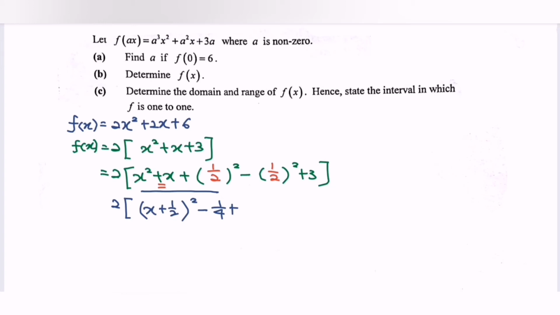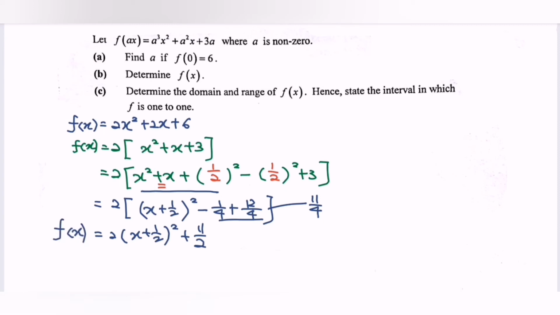Kindly equate the denominator and we will have 12 over 4. Simplify, so we will have 2 (x plus 1 over 2) squared minus 1 over 4 plus 12 over 4. So here we will have positive 11 over 4, multiplied with the 2, and we will have plus 11 over 2. So that is the standard form for the function f(x).